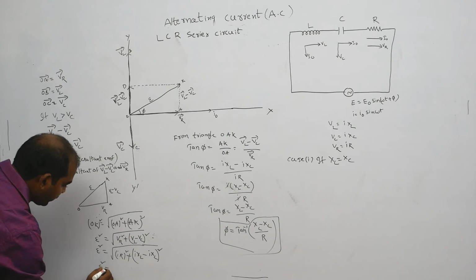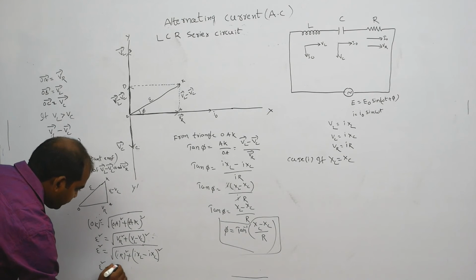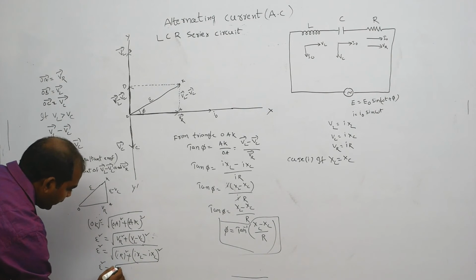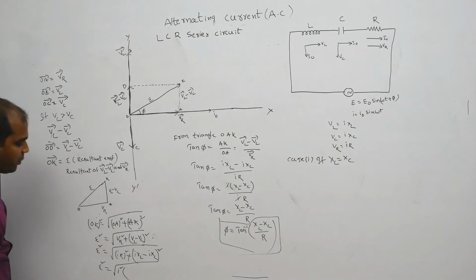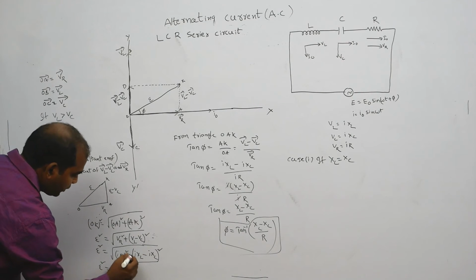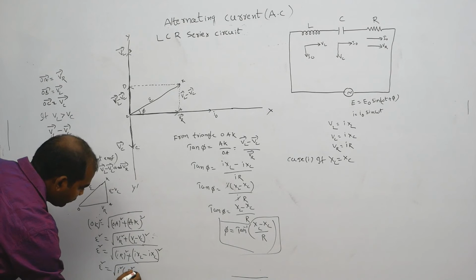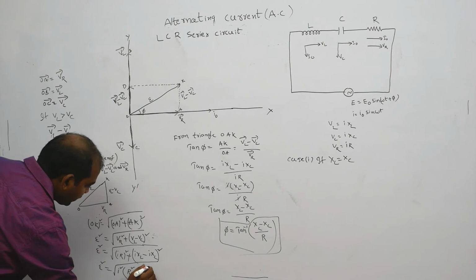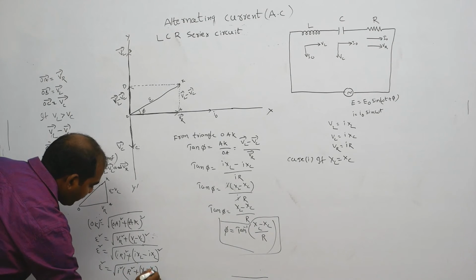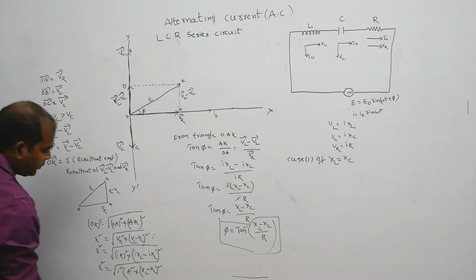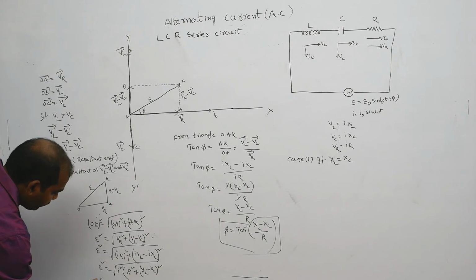Then E square is equal to I square, which can be taken common from the two terms. This can be written as R square plus XL minus XC whole square, with I square outside.